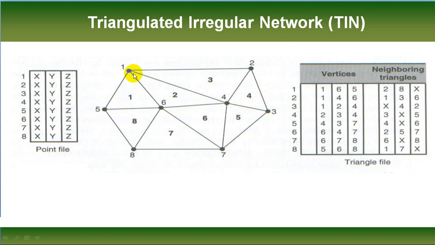So those are the sample points. Those sample points are connected with each other and they create a network of triangles, and each triangle has a plane. This plane represents the surface. Surface means temperature, elevation, rainfall, whatever.